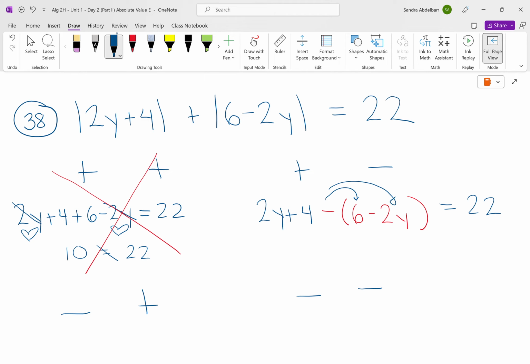All right, let's keep going now. Distributing that negative, we are 2y plus 4 minus 6 plus 2y equals 22.